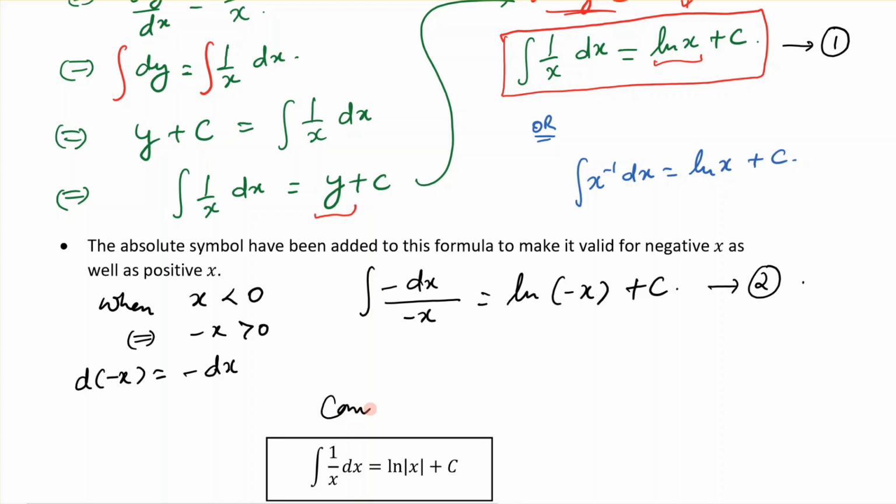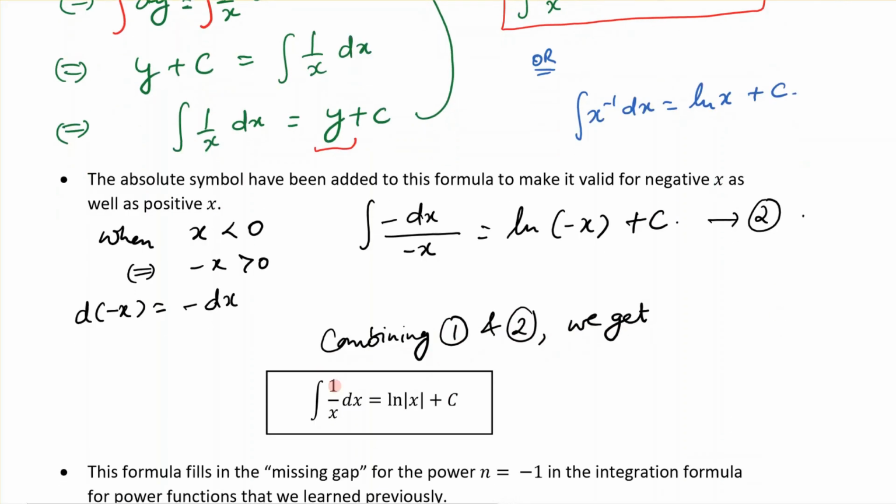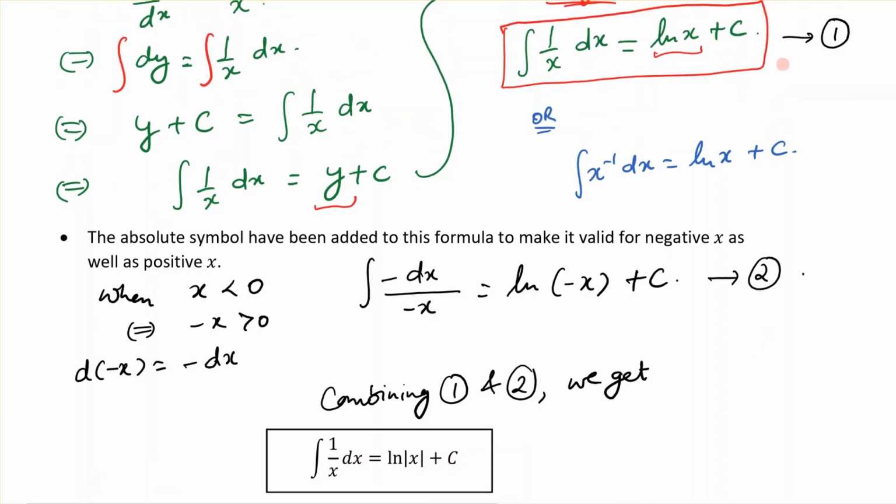So combining 1 and 2, we get that the integral of 1 over x dx is equal to ln of absolute x plus c. These two results can be combined into a single form using the absolute value of x.